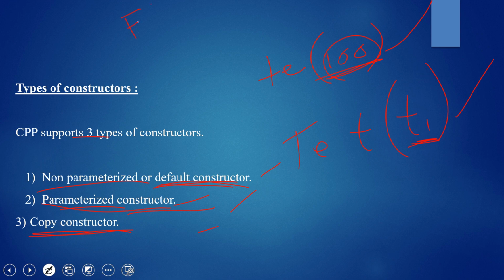All the functions have the same name, but the parameters are different, or the number of arguments may be different. That is function overloading. But here we are writing different types of constructors in the same class. That is nothing but constructor overloading. Okay, let's see the examples.